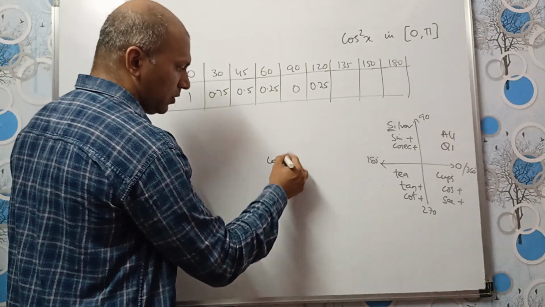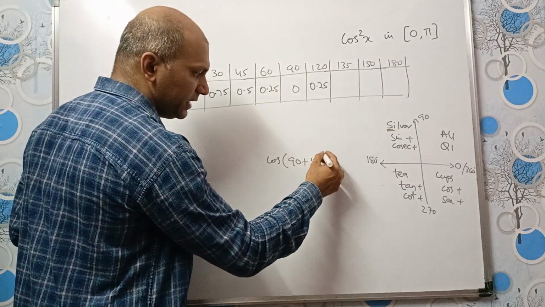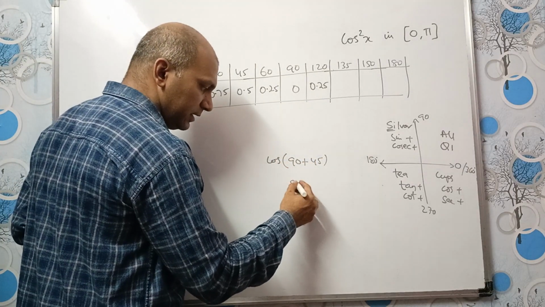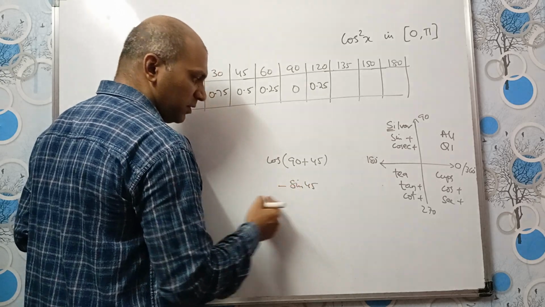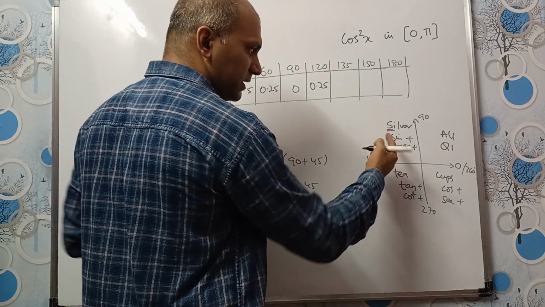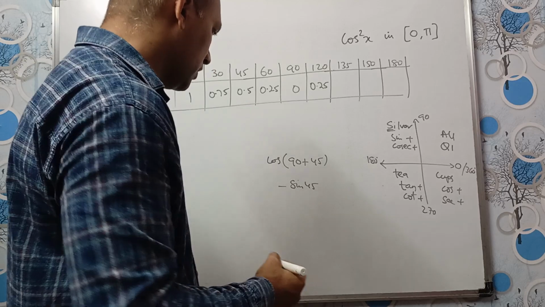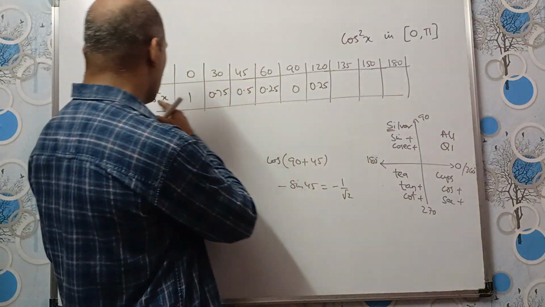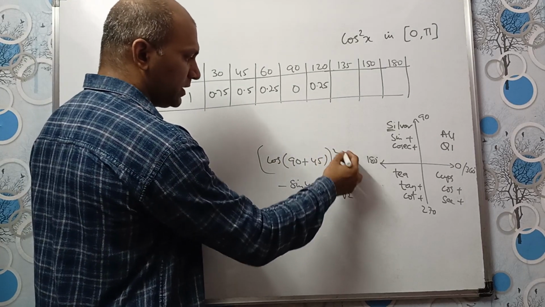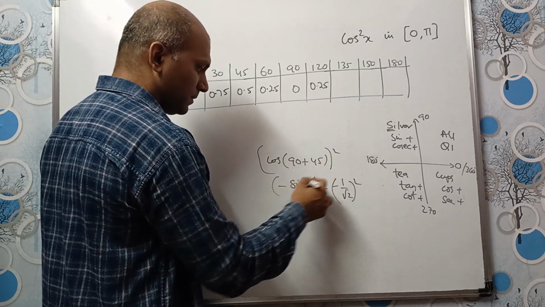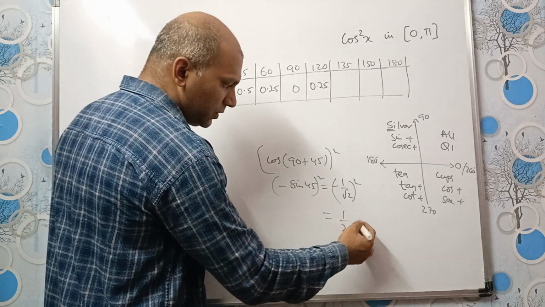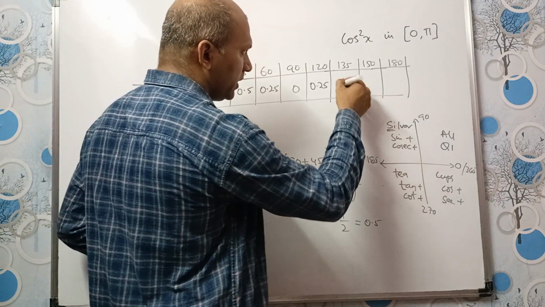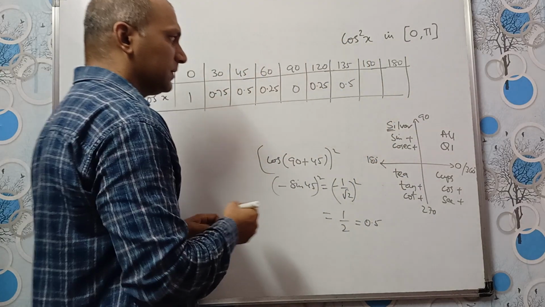Okay, where were we? We need to find 135 now. Cos 135 is cos of 90 plus 45. At 90 the ratios will change. It will be minus because 90 plus 45 is in the second quadrant and cos will be negative. This is minus 1 by root 2. But we have square here, right? We need to find the square of this. So 1 by 2 is 0.5.